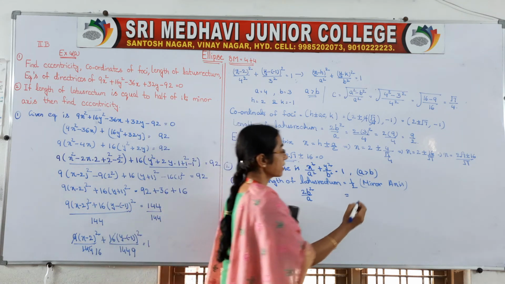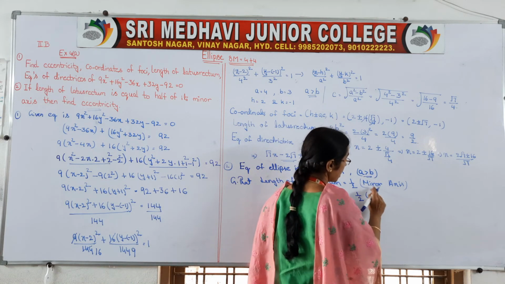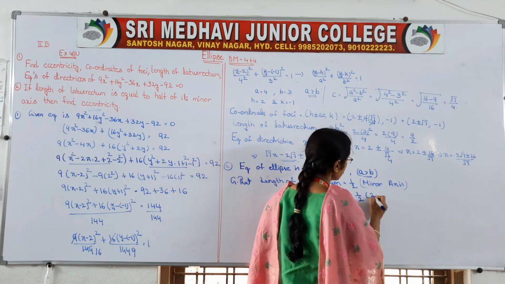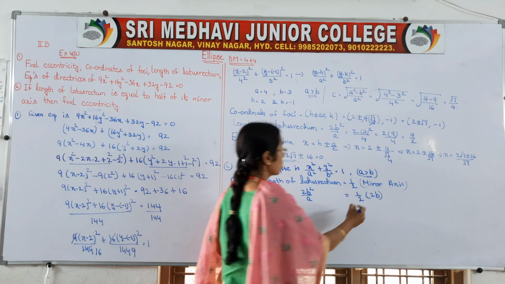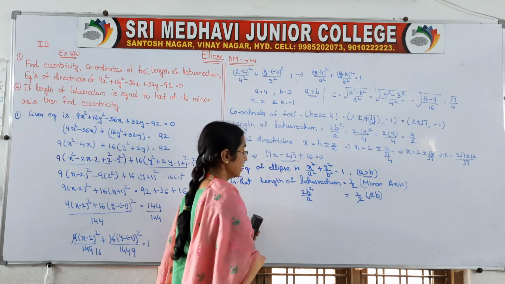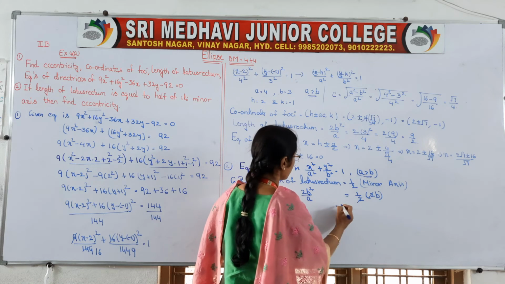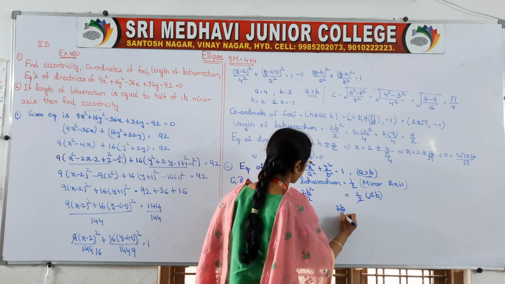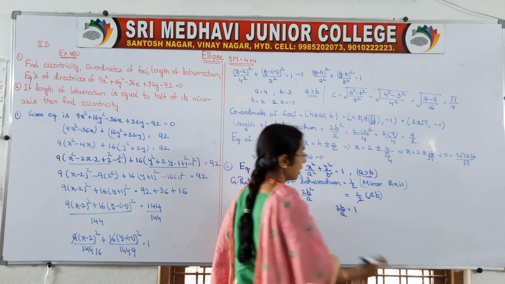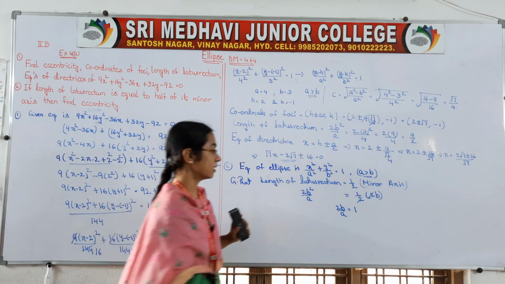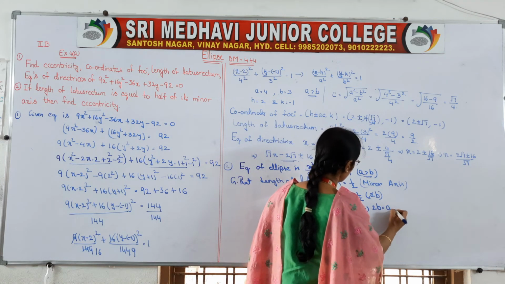Here a is greater than b, so the minor axis is 2b. So 2 cancels, one b also cancels.